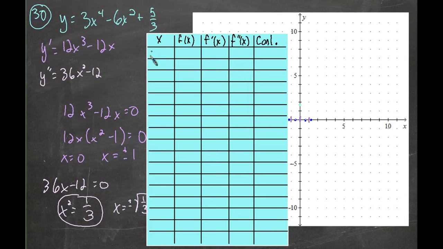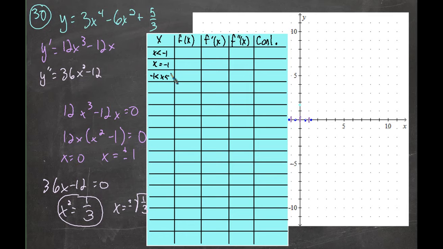Okay? So what's farthest to the left? We got -1 there. So we'll go to -1. So x is less than -1, x equals -1, x is between -1 and what? What's next? Negative square root of 1/3.